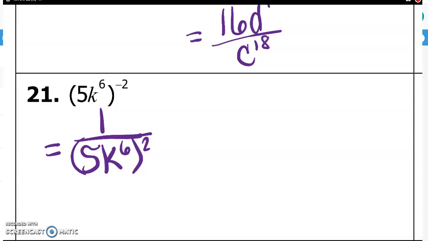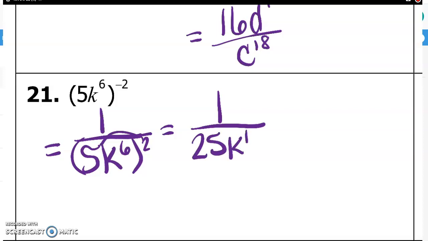The reason I say that is because if most people do this, they're going to either put negative 10 or negative 25, which is incorrect. Okay, a negative exponent again goes to the bottom. So now I can make this 1 over 5 squared is 25, k to the 12th. So if you have a whole parentheses to a negative exponent, move that whole thing down to the bottom.